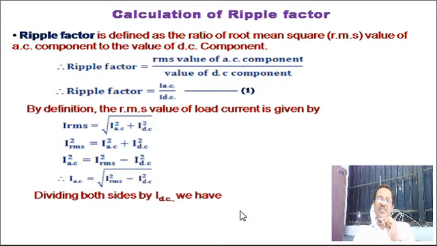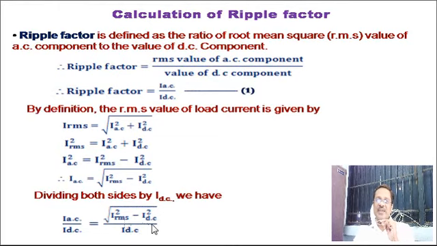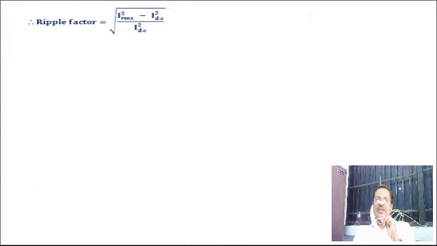If we divide both sides by IDC, we have IAC upon IDC is under root IRMS square minus IDC square divided by IDC square. And IAC by IDC is the ripple factor.